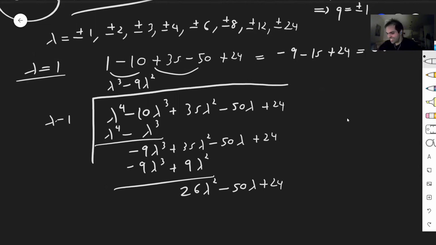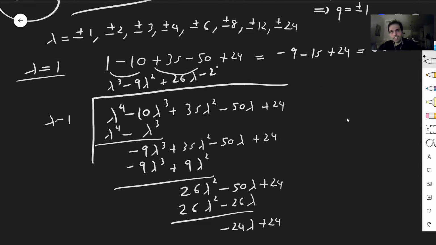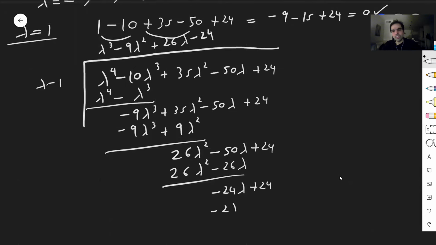And who's still watching? Woohoo! And then plus 26 lambda. So we get 26 lambda squared minus 26 lambda, and then minus 24 lambda plus 24. So you can just do minus 24. And then what we get is minus 24 lambda plus 24, and we get 0.